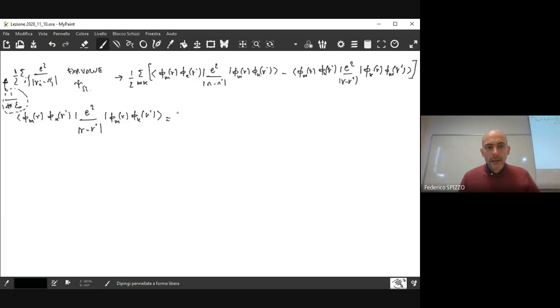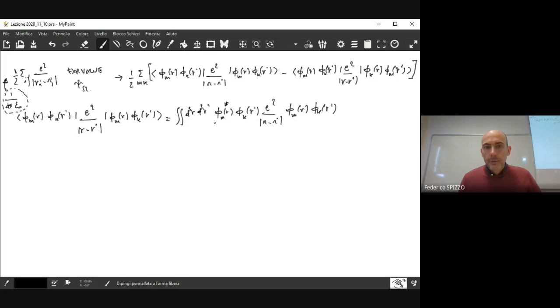If we write the expression corresponding to that, we have the double integral over d3r and d3r prime. We have the conjugate of phi m of r, the conjugate of phi k of r prime, then e squared divided by r minus r prime, then phi m of r and phi k of r prime.